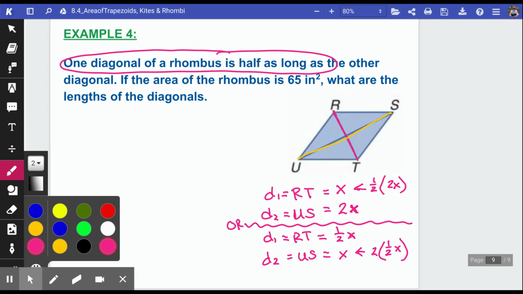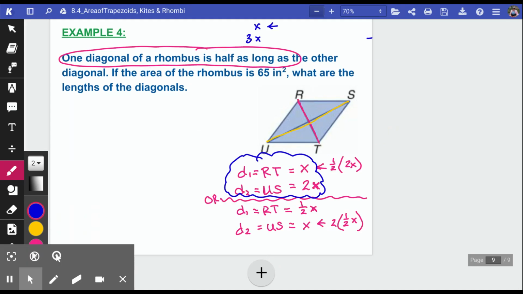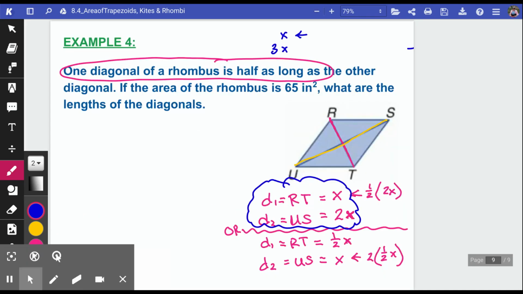So either way is okay. I prefer thinking about it this way. And the same thing is if I had 1/3 the length, I could use X and I could use 3X, because this right here would be 1/3 of 3X.